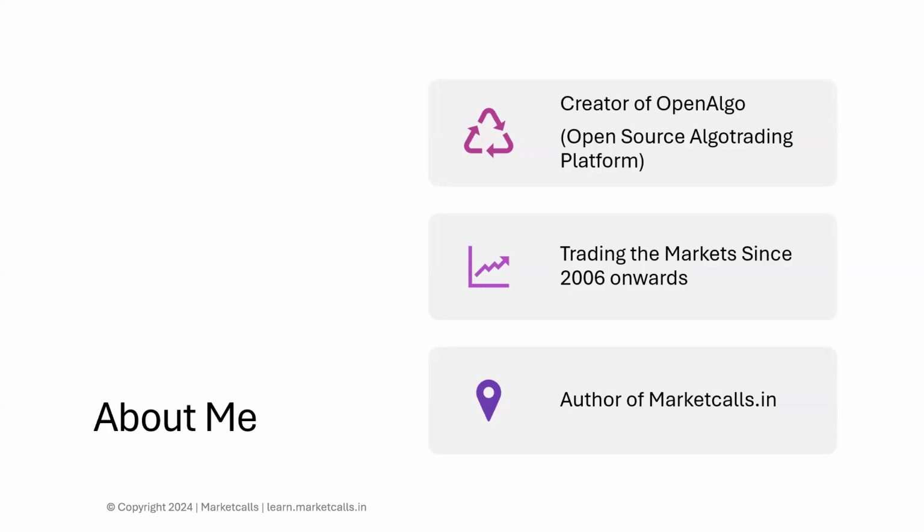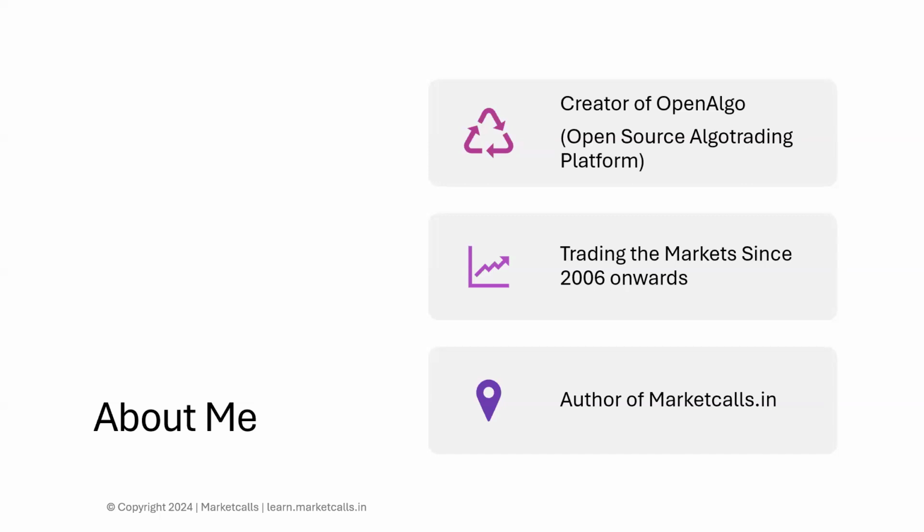I've been in the market since 2006 onwards. I'm a derivative trader, mostly an index derivative trader. I'm also writing my thoughts, whatever comes to my mind. Some of them could be a trading strategy. Some of them could be about market analysis. Some of them could be market sentiment analysis and so on.